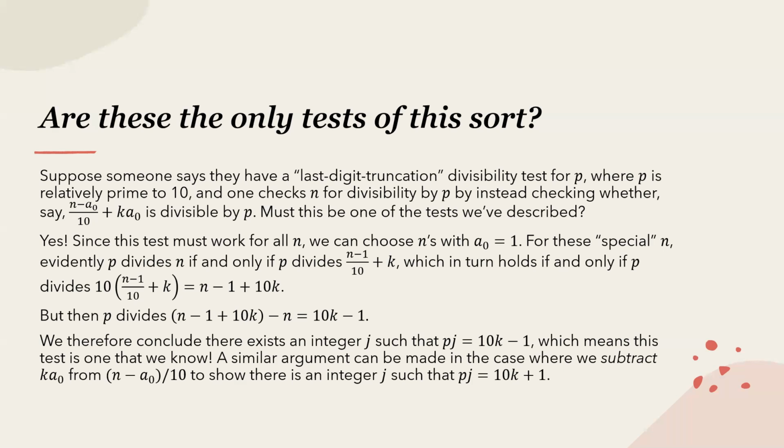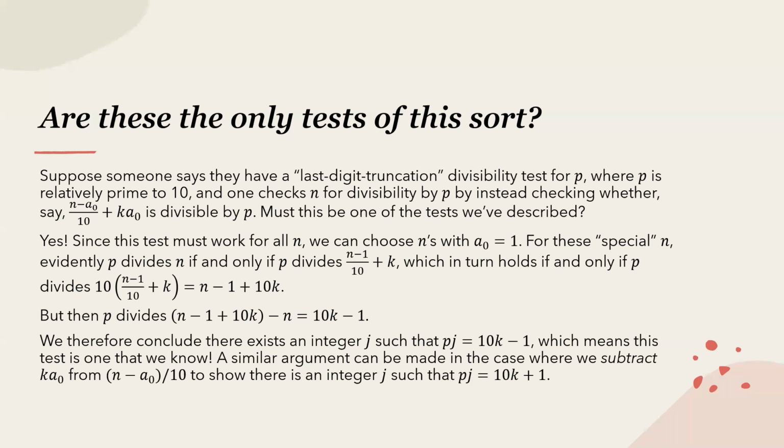Okay. Well, Dr. Fry and I say, well, okay, if that works for every single one of these, then for sure it works for n's that end in the digit 1. In fact, it works for all of them, and for sure it will work for ones that end in the digit 1. So let's just choose those special n that happen to end in the digit 1.